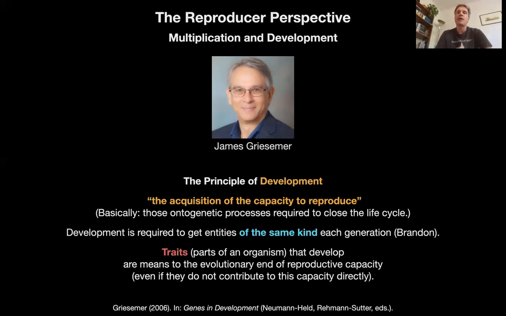Even if they don't immediately contribute to reproduction, their overall effect, from the evolutionary perspective that we're taking now, is to contribute to differential reproduction of the organism. Not development in the sense of making form, but development in the sense of acquiring the capacity to reproduce.